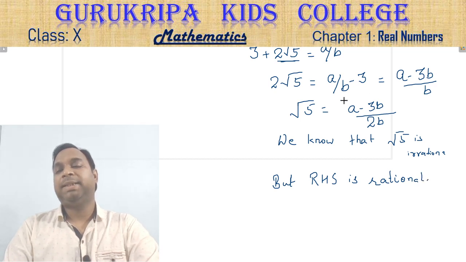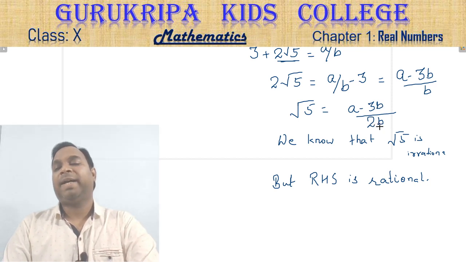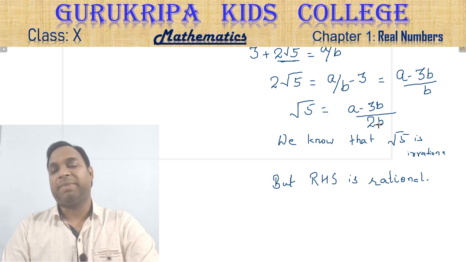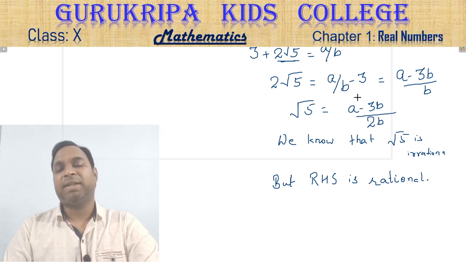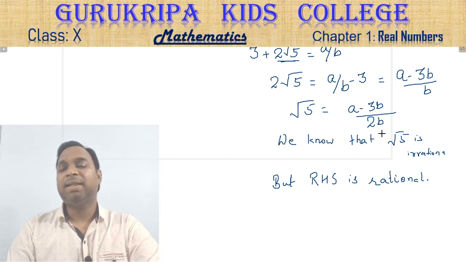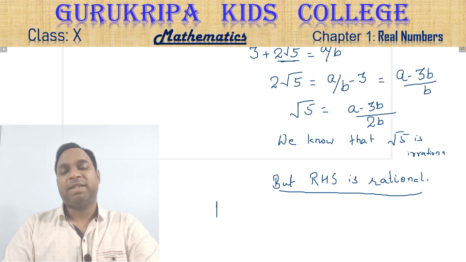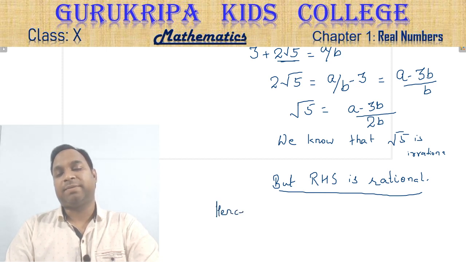We have all integers in the RHS. A is an integer, 3 is an integer, B is an integer, 2 is an integer, and again B is an integer. And we are adding, subtracting, multiplying and dividing. Only these operations are there. So after doing all these operations, what we will get is a rational number. So RHS is rational. Hence we arrive at a contradiction.